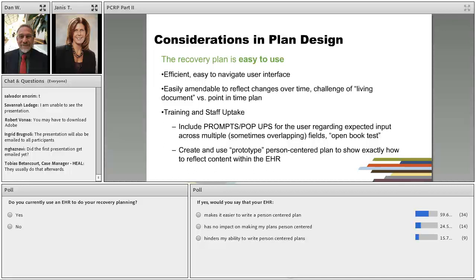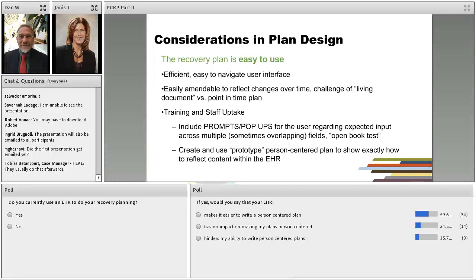So the other thing about EHR: in the old days, when you were on a paper system and something changed, it was relatively easy to just change it. You add a box on your form. You can generally just do that yourselves. That is not so simple anymore with the EHR.